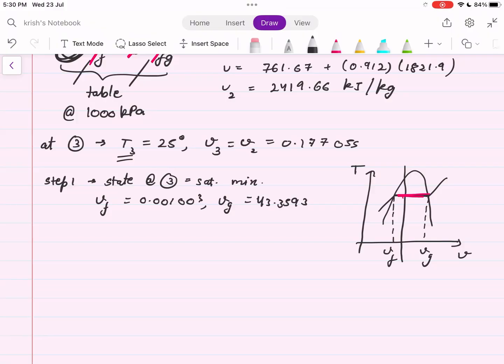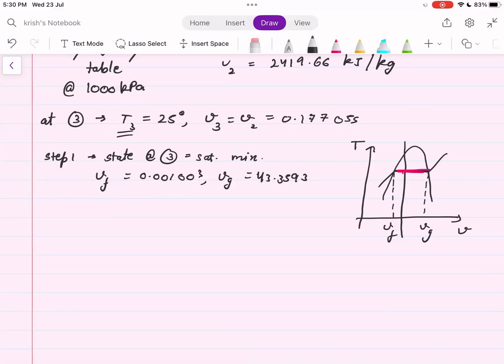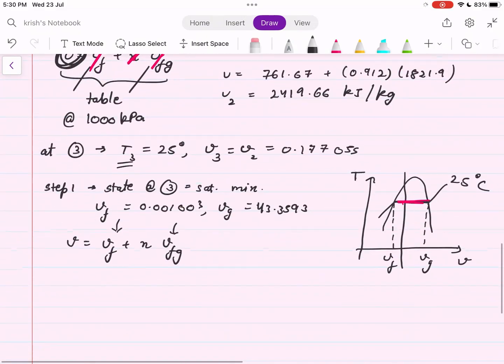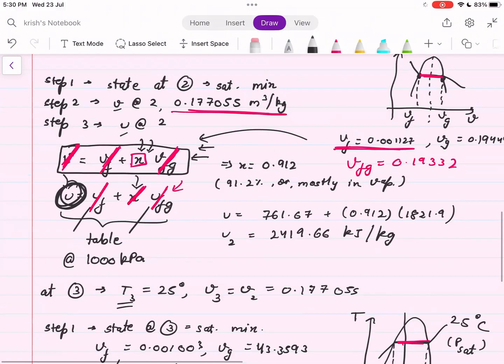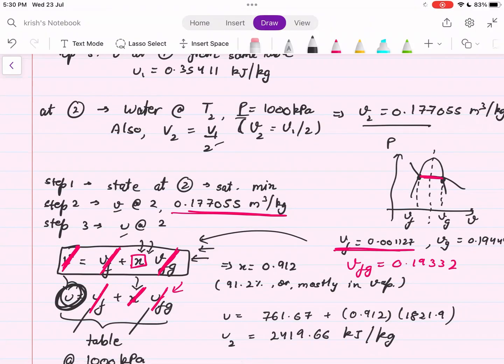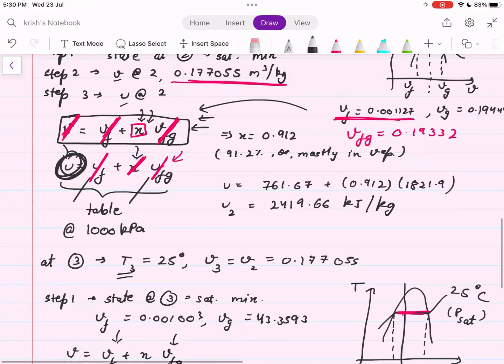However, a very interesting thing that you will notice is that the quality this time will be much different. Let us see why. V equals Vf plus x into Vfg. Both Vf and Vfg have changed because now we are at 25 degrees Celsius. And Psat, again this pressure will be the saturation pressure because we have a saturated mixture. Before we were at 179 degrees Celsius and 1000 kilopascals.